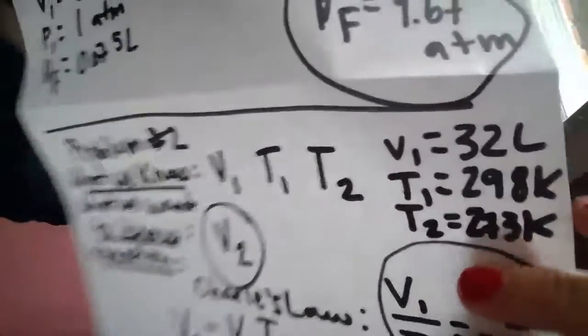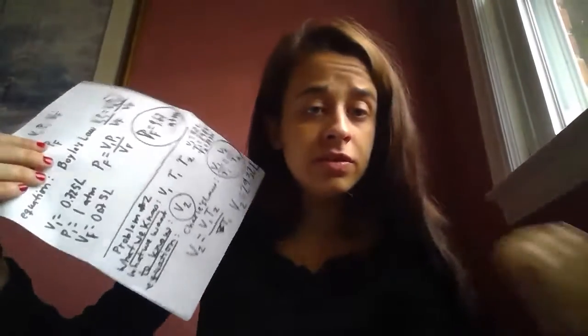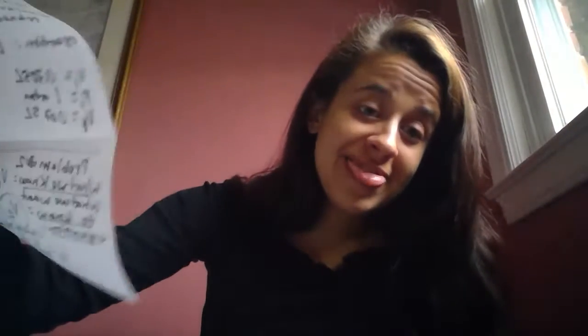All of the units of our initial values are in liters for volume and Kelvin for temperature, so they're already conveniently in those specific units. So we're all set there.